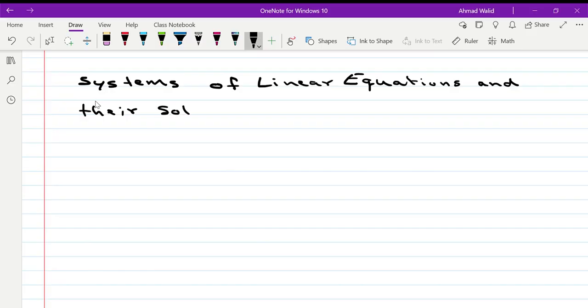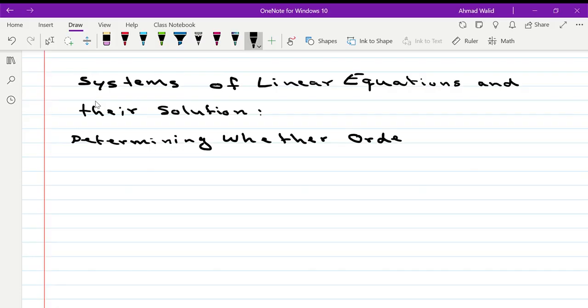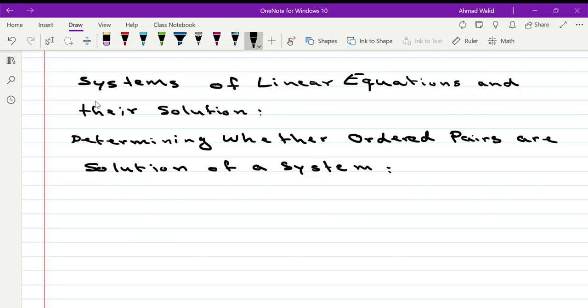And let's talk first about determining whether an ordered pair is a solution of a system. This is the first topic, or the first practice, that we want to do.